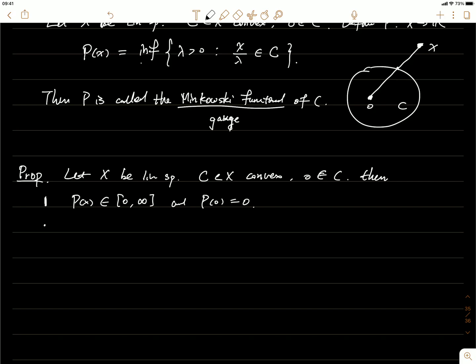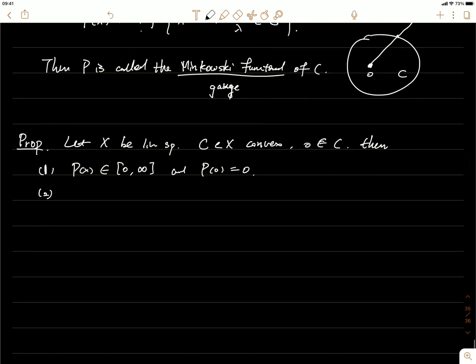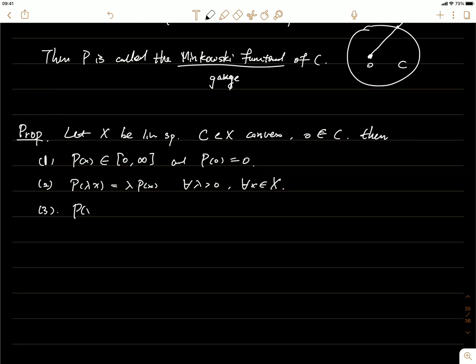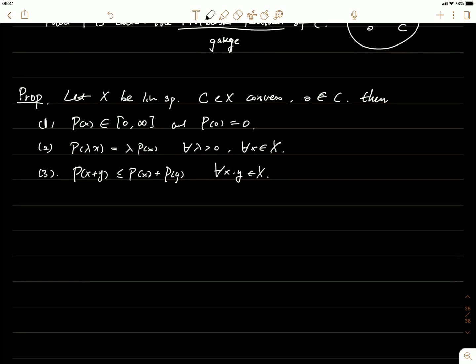The second property is that p(lambda x) equals lambda p(x) for any lambda greater than 0 and any x in the space X. This means that p is positive homogeneous. The third one is that p is subadditive. This is pretty much like what we need for a sublinear functional, as we introduced before.